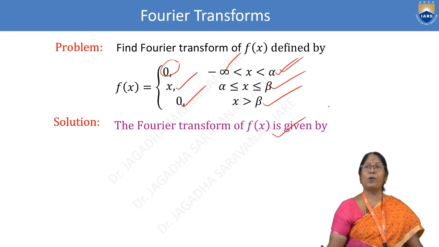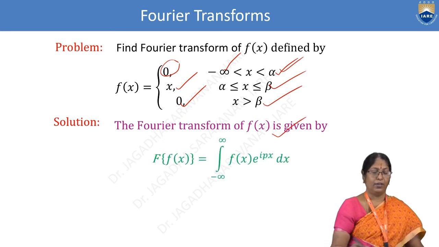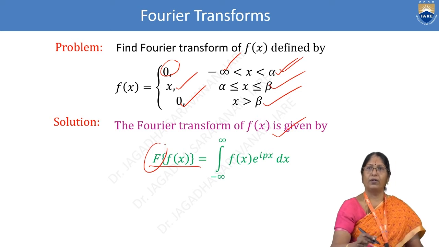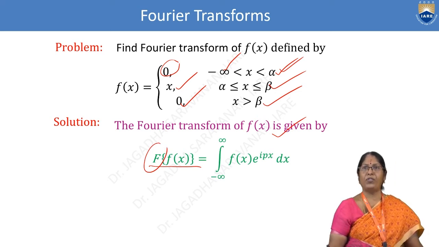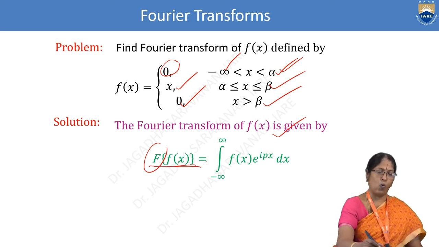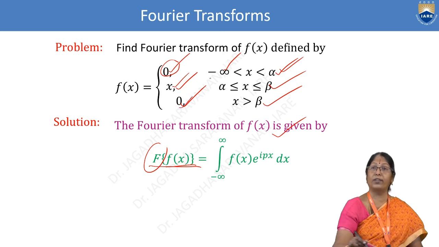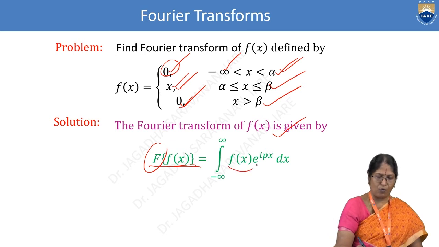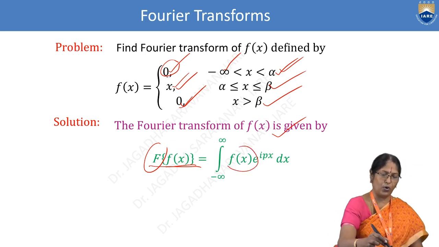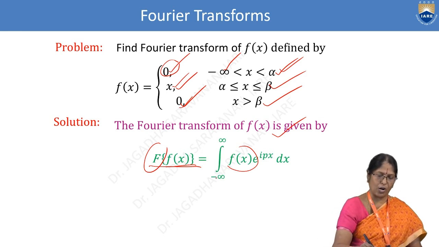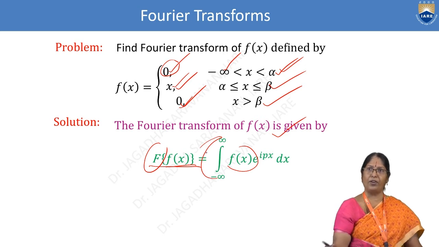So the Fourier transform of f of x is given by, we know the notation, capital F, the Fourier transform of the function f of x. Our f of x is 0, x, and 0, satisfying these conditions. So f of x cannot be replaced straight with 0, x and 0, because the formula is over minus infinity to infinity.